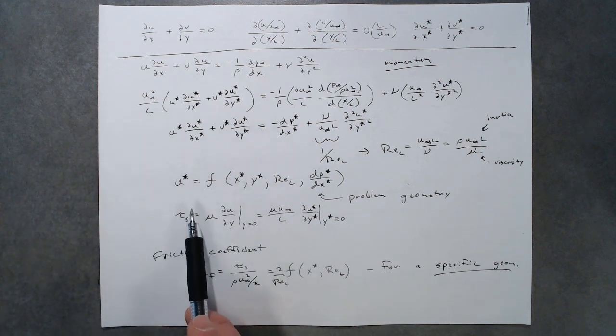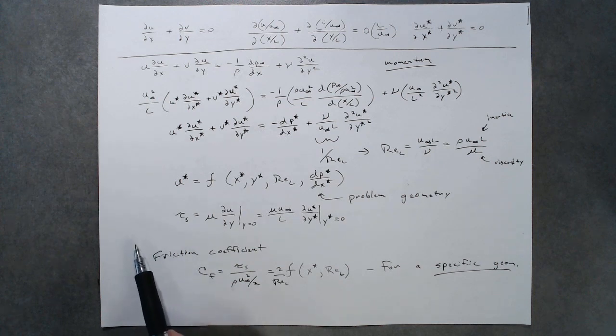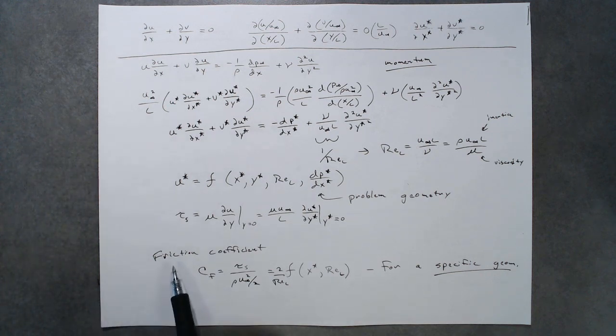So the surface shear stress tells me one of the key things that I want to know in a fluid dynamics problem, what the drag force is. How much frictional force does a flowing fluid apply to a surface that it's flowing over? And I can express that in terms of a friction coefficient. In fluid mechanics, you define this C_f equal to the local shear stress divided by the dynamic pressure or the kinetic energy density of the fluid.